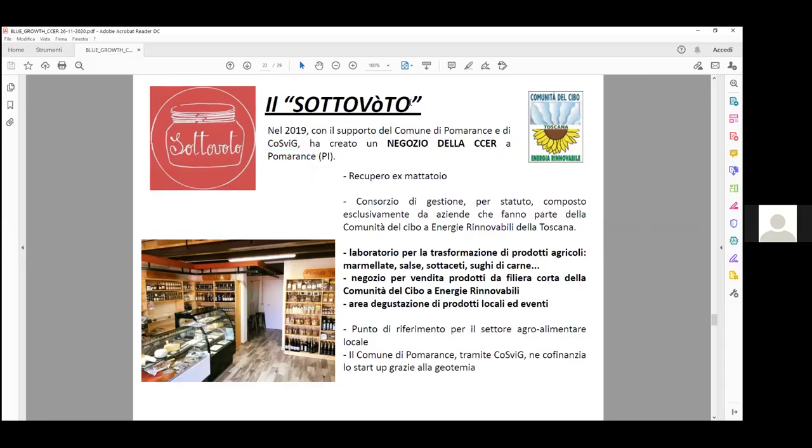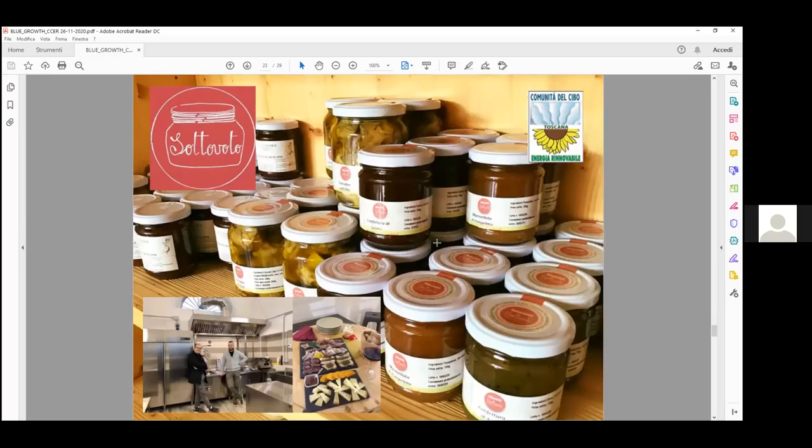Questo negozio si chiama Sottovuoto, che è la toscanizzazione di sottovuoto, perché non solo vengono venduti i prodotti dell'associazione, ma vengono trasformati i prodotti dei piccoli produttori locali.